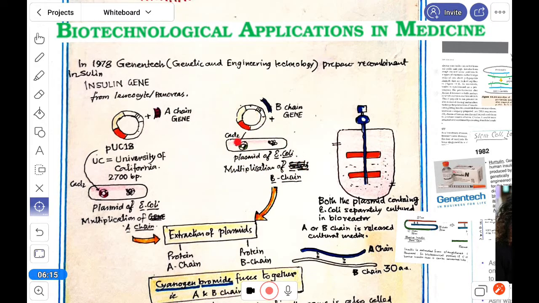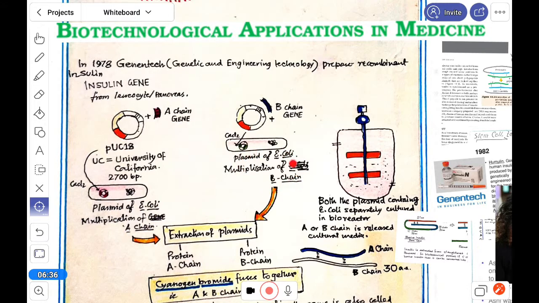These are cosmid vectors, placed in the bacteria, E. coli, and the multiplication in the bacterium you know already.